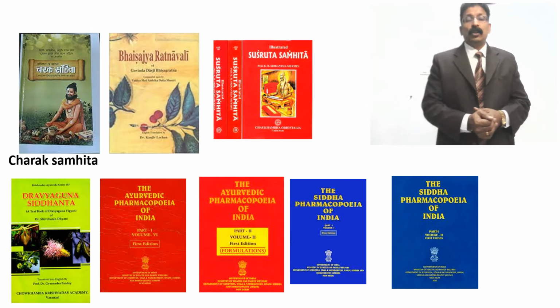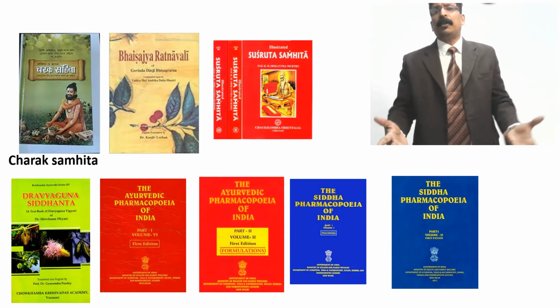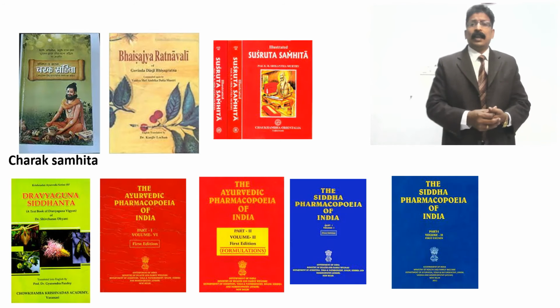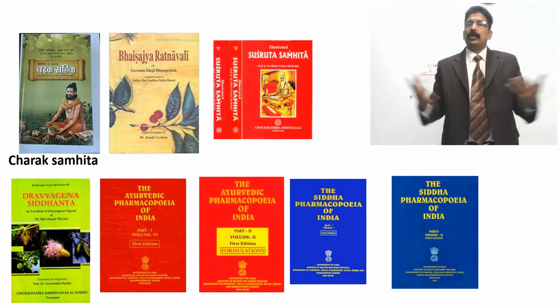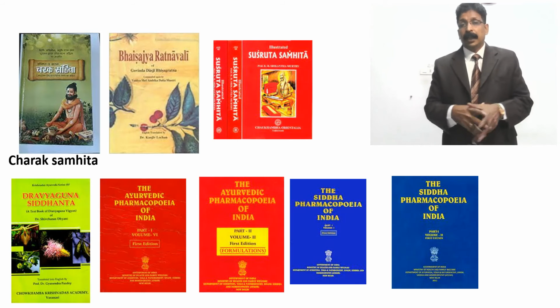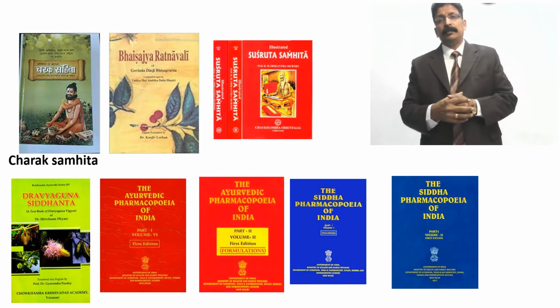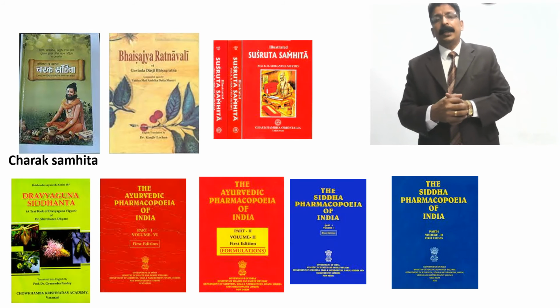This is also another book which is available. Then the Materia Medica, which is available in our library also, and there are many books. Wealth of India is also a very good book, and there are many books written by many scholars and authors and also approved by our pharmacopoeias.